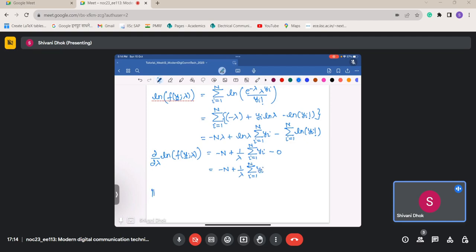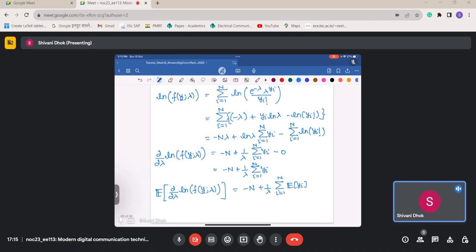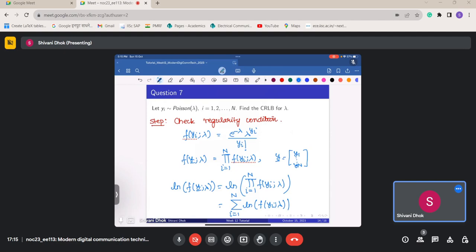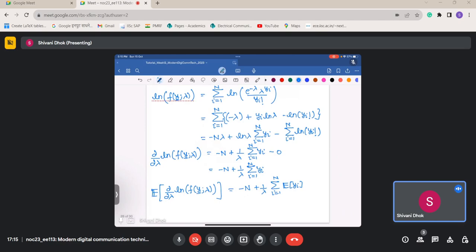And for the regularity condition, we need to find the expectation of del by del lambda of log of f of y given lambda, which is equal to minus n plus 1 by lambda. These are constants, and the summation i equal to 1 to n of the expectation of yi. For a Poisson distributed random variable with parameter lambda, its mean and variance both are lambda. So this quantity will be equal to lambda.